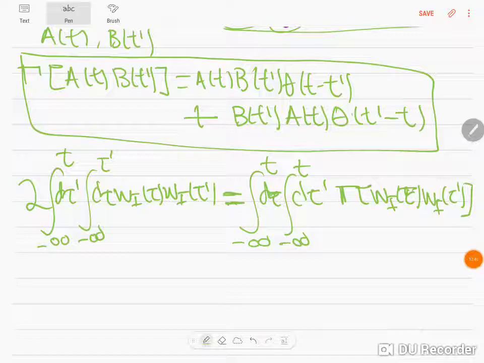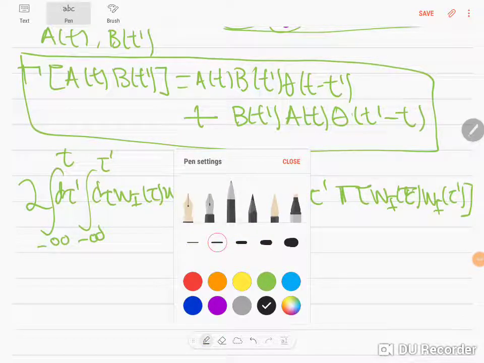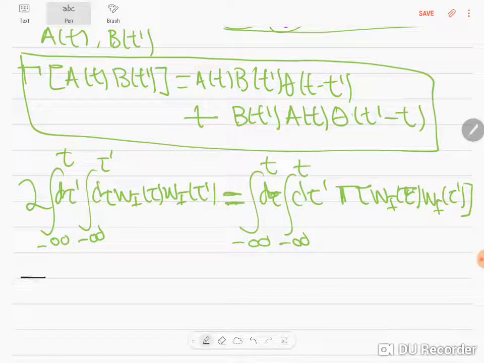Okay, so finally we arrived at the following formula.